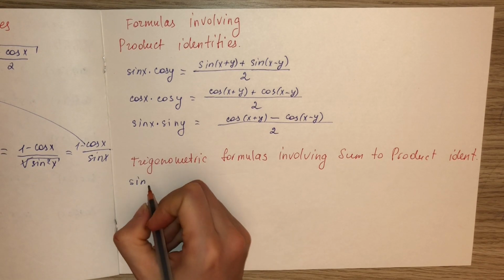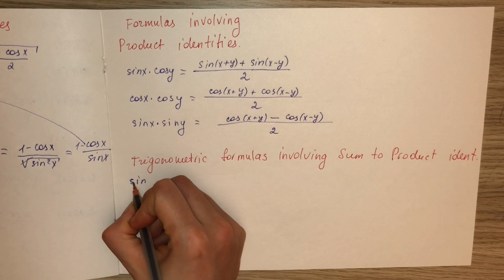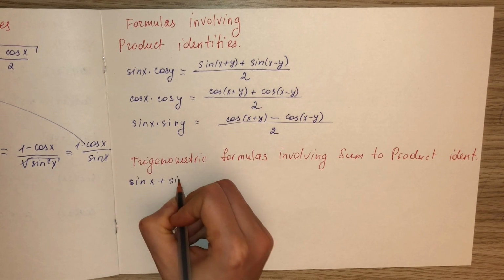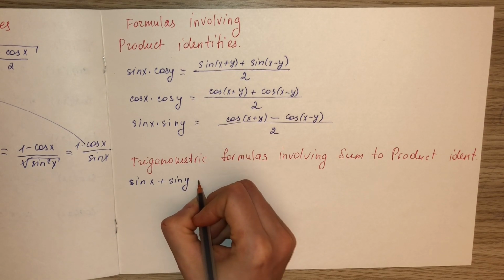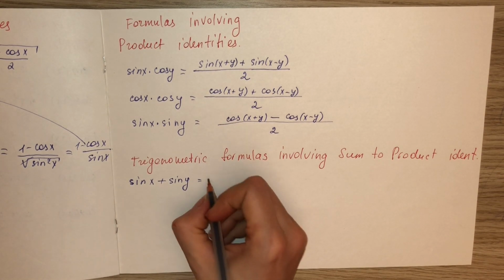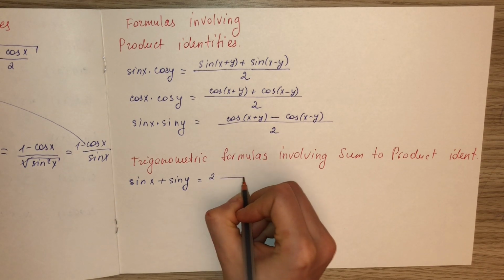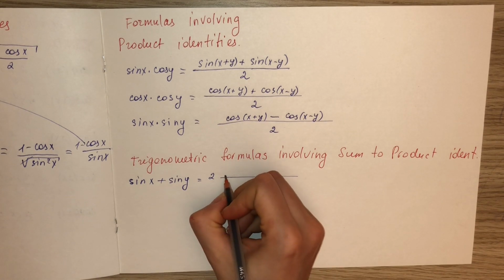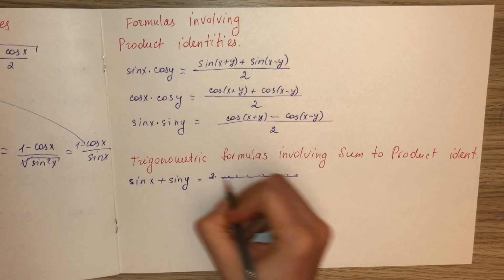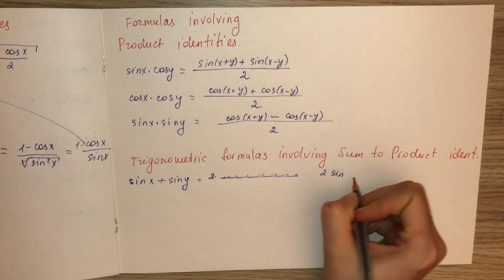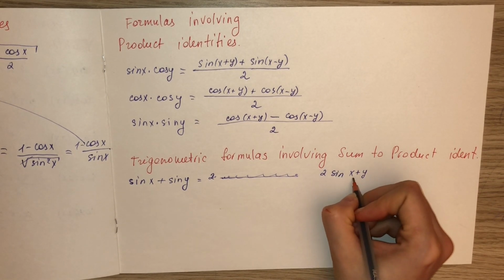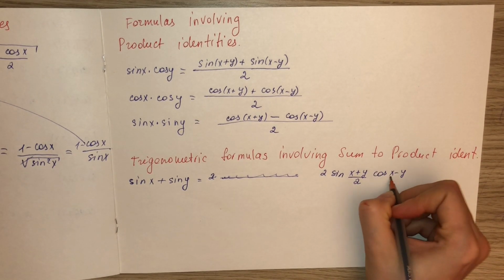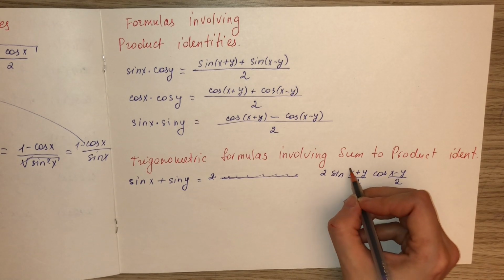It means that if we want to find the sum of sine x and sine y, we will use the product identity: 2 times sine x plus y over 2 cosine x minus y over 2.